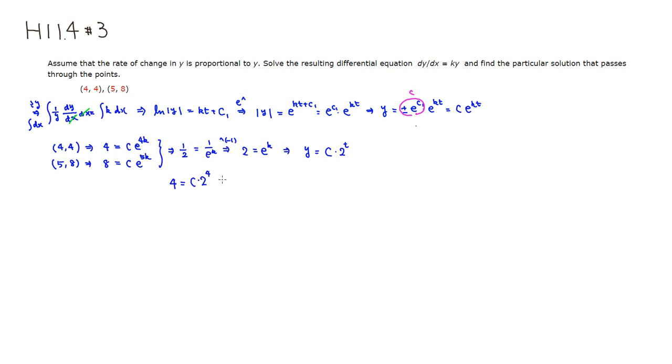If you want C, I'm going to divide through by 2 to the 4. So 4 divided by 2 to the fourth power, which is 16, is equal to C, which is 1/4. So therefore, y is equal to, C is 1/4, and then 2 to the t. Actually, why don't I write it as 2 to the t over 4.